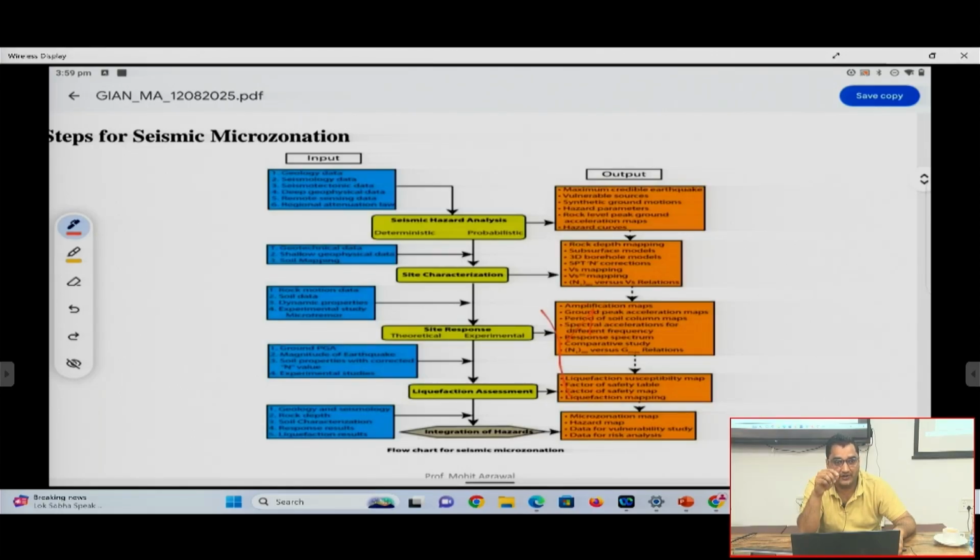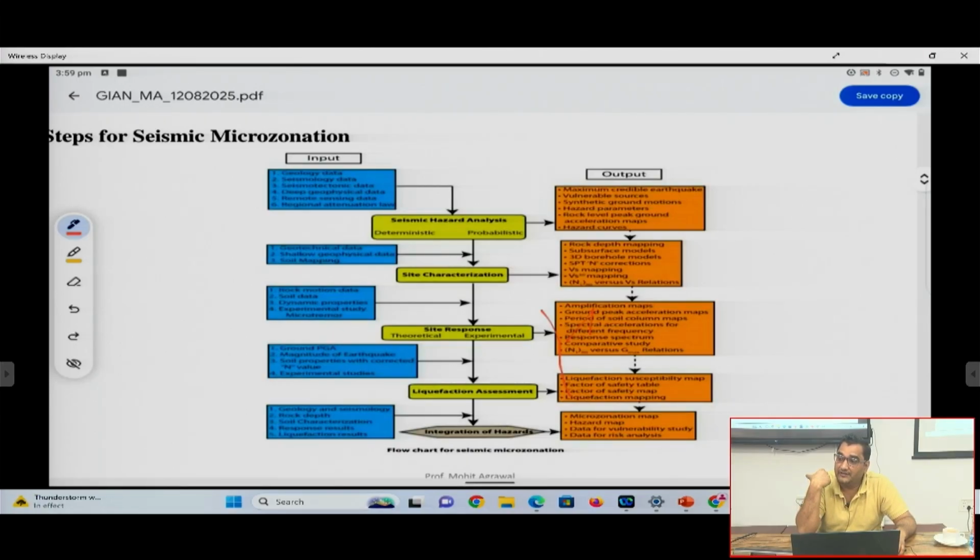Using that earthquake only, you find out the value of the hazard. That is your deterministic seismic hazard analysis.